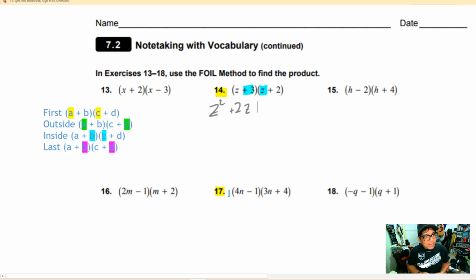The inside is plus 3 multiplied by z, which is plus 3z. And last is plus 3 times plus 2, or plus 6. I can combine plus 2z and plus 3z to make plus 5z. So my answer is z squared plus 5z plus 6.